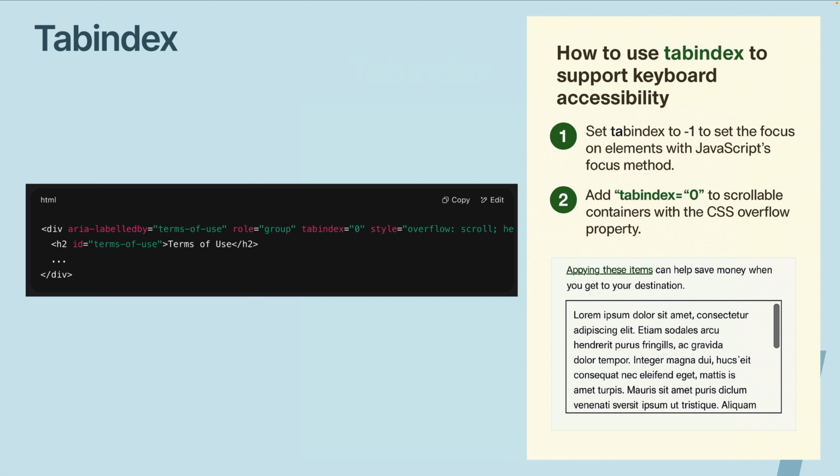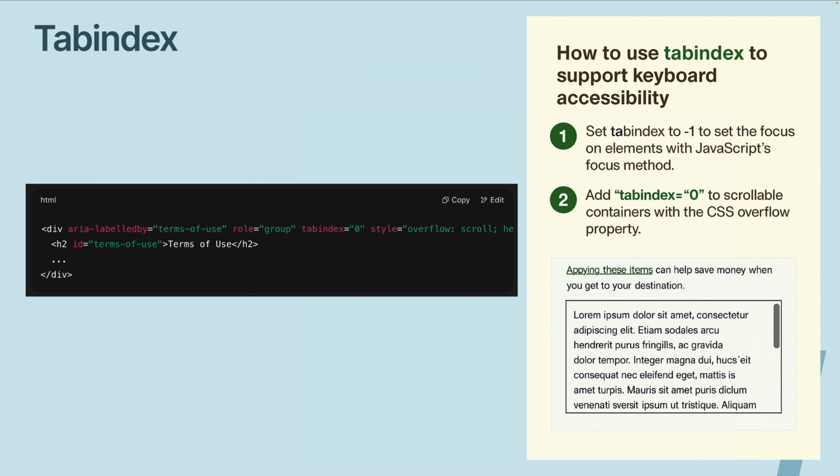So how do we use Tabindex to support keyboard accessibility in scrolling? Some items are scrollable, like this one. How do we bring the focus to this particular element so that the user can scroll it when users are in screen reader mode? First, we set the Tabindex to -1 to set the focus on the element with the JavaScript focus method.